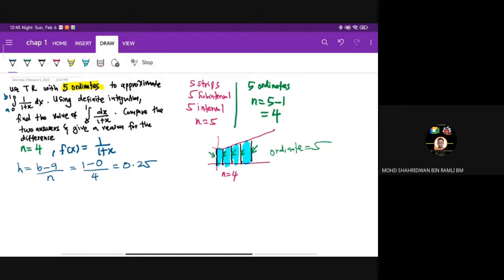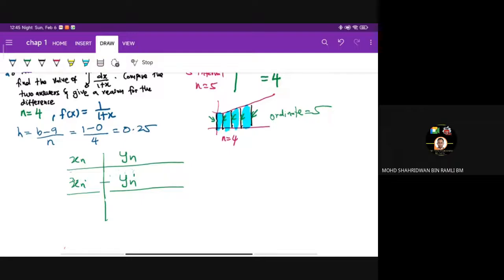So you get your own table. After you get your own table, just rewrite it here. It's really important for you to rewrite. So put here your x_n, and then here is y_n. For x_n, look at the values from your calculator, beginning from 0, and then 0.25.